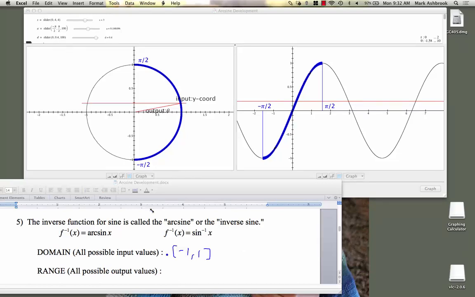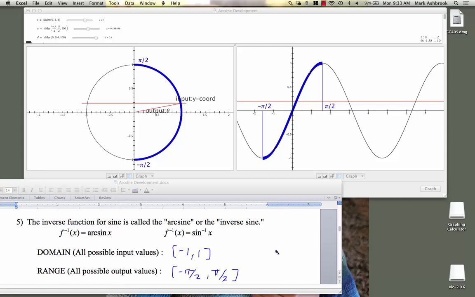What's the range? We have to restrict angles, right? So our input into sine is any possible angle, all real numbers. We can go around as many times as we want, counterclockwise or clockwise. But in order to have a function, we have to restrict the angles of the reverse process. To have a function, we have to restrict the angle to negative pi over 2 to pi over 2. Or else we don't have a function, right?